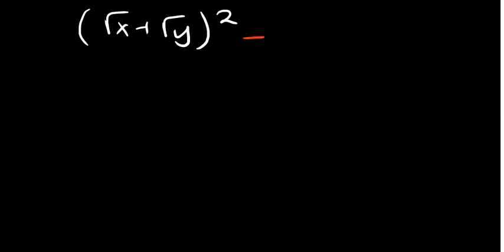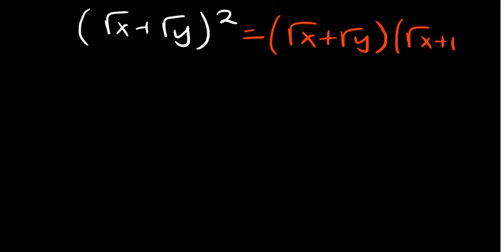Okay, another question. Root of x plus root of y, squared. What is it equivalent to? In terms of expansion, we have the root of x plus the root of y being multiplied by the root of x plus the root of y. What do we get to do there?